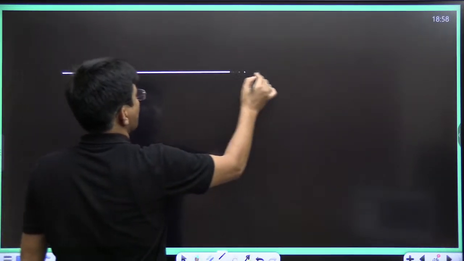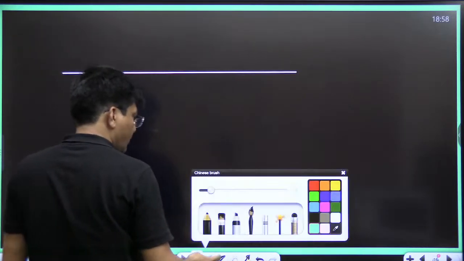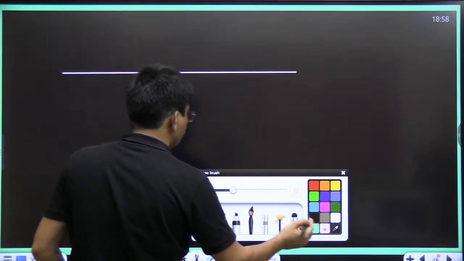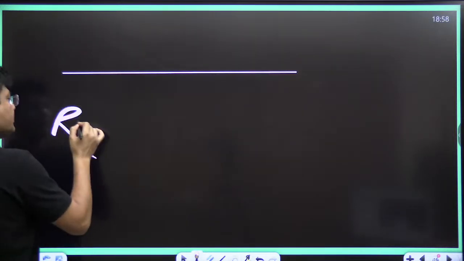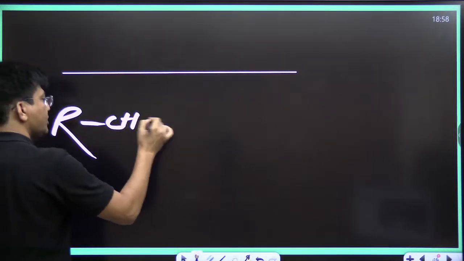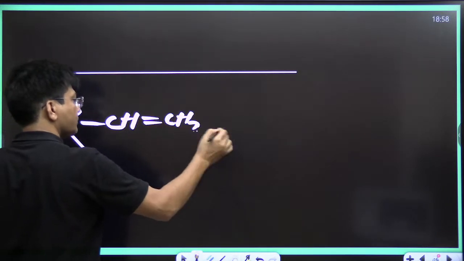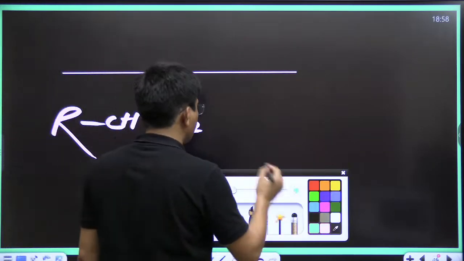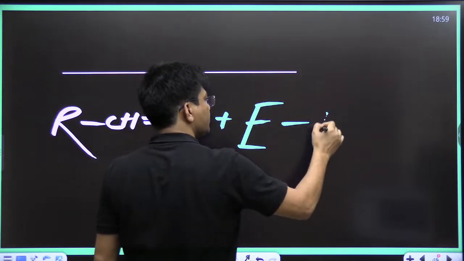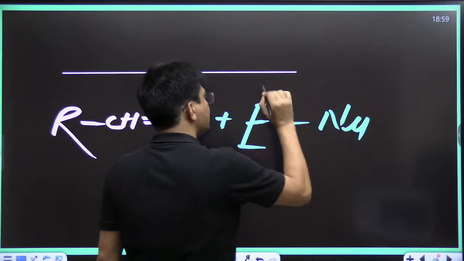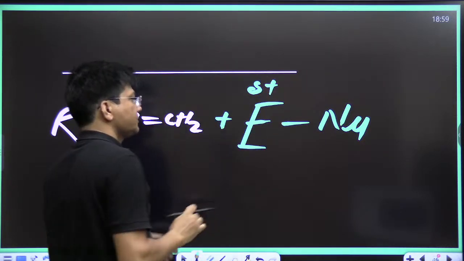The most important thing you have learned right now, let me tell you: whenever you are provided with this alkene RCH double bond CH2 and the electrophile-nucleophile part is there, definitely the E part is going to attack first.